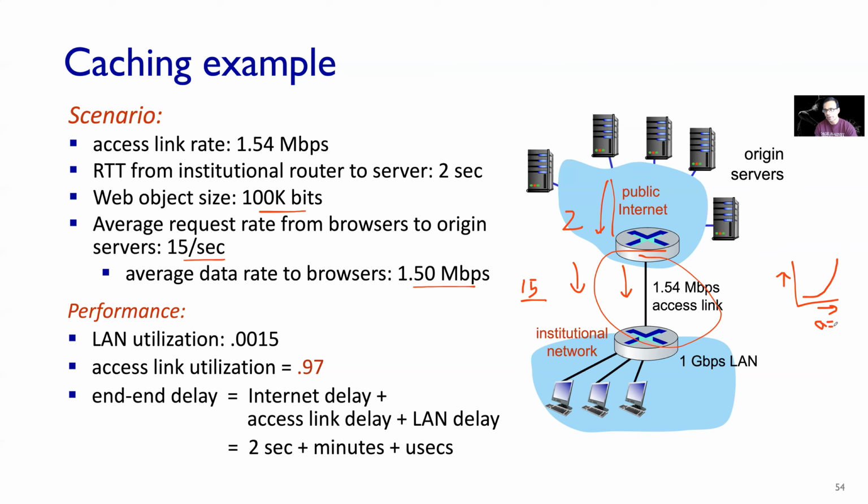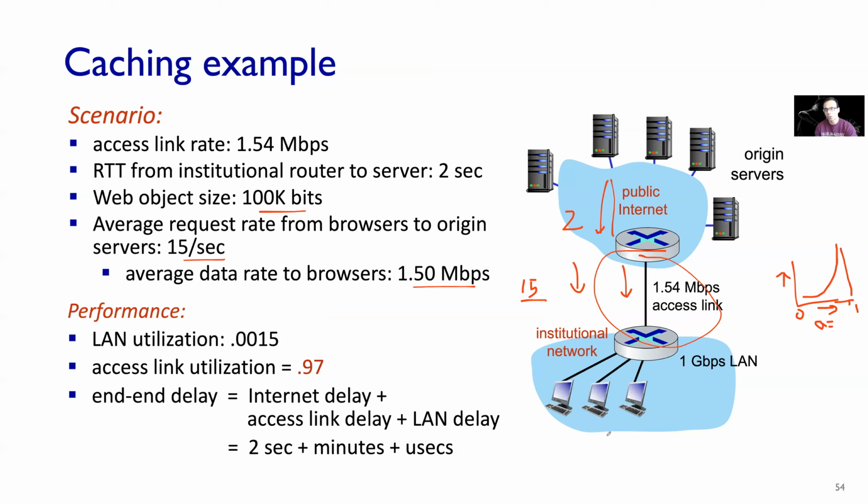And in this case, the traffic intensity is 97%, right? So we saw that as we start to move from 0 to 1, the queuing delays start to increase. So if you're operating at 97% utilization, it's very likely the queuing delays are very, very high, which means the latency on this part of the link is going to be very high.